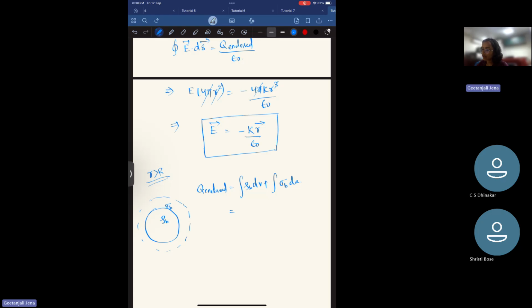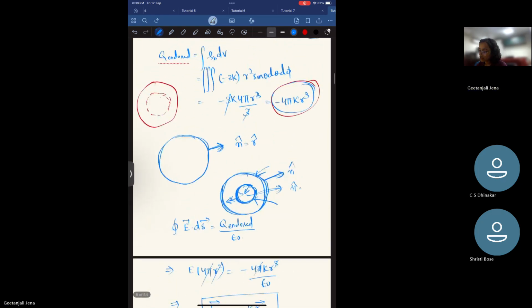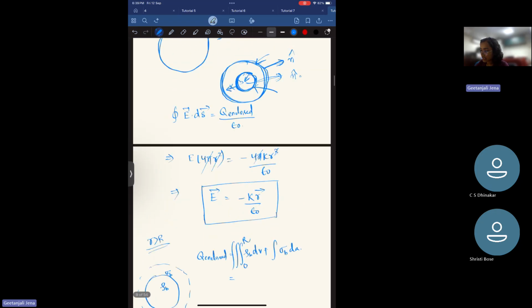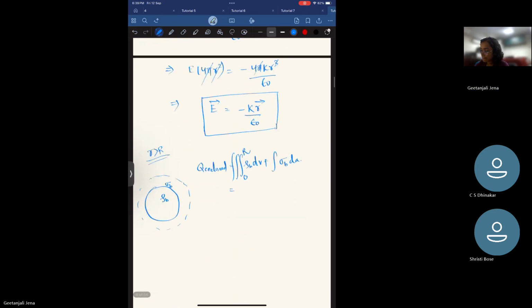Rho b dv we have already calculated. The integration of rho b dv will now be from 0 to capital R, with the theta and phi integration as usual, 0 to pi and 0 to 2 pi. So this will give minus 4 pi k capital R cube.